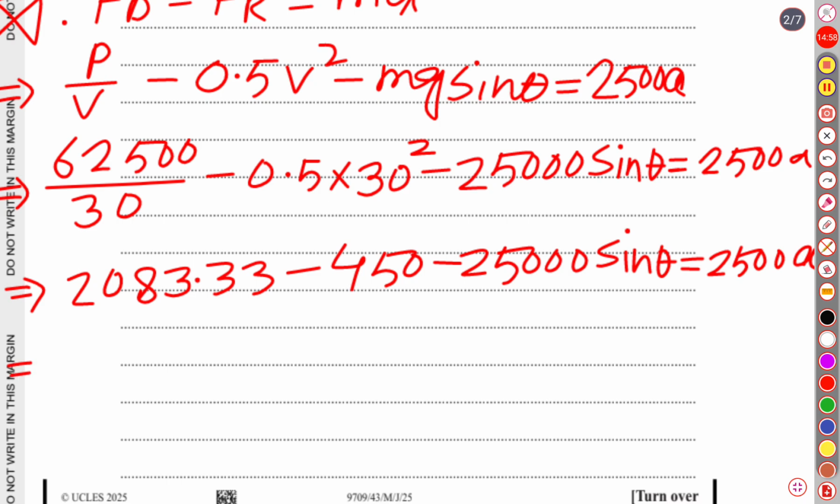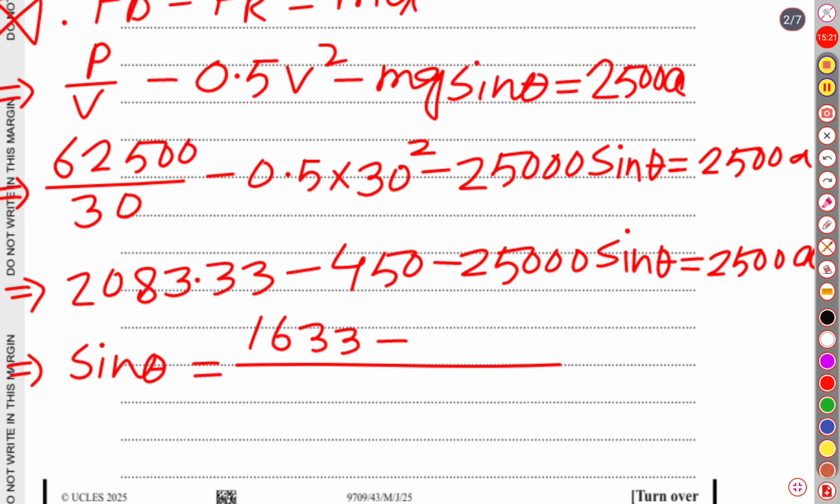If we isolate sine theta again, it is going to be 1633.33 after subtracting 450 from 2083.33, minus 2500 times acceleration, over 25,000. We should not ignore the fraction.